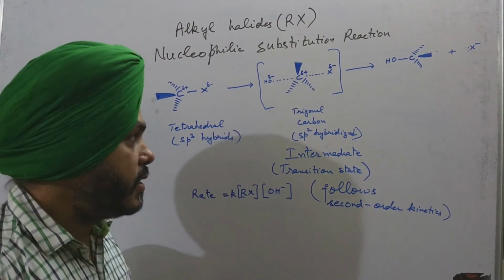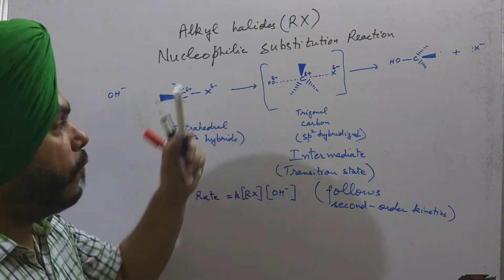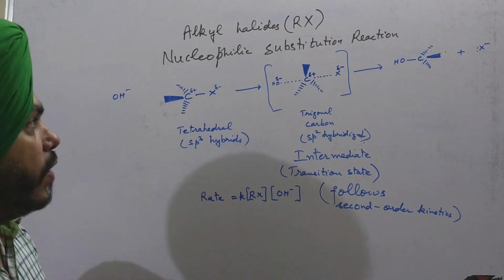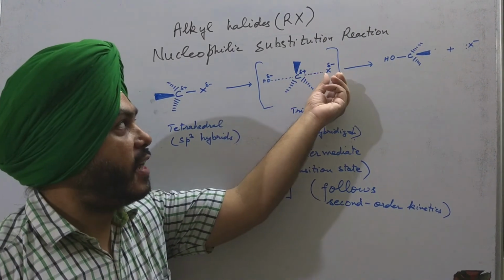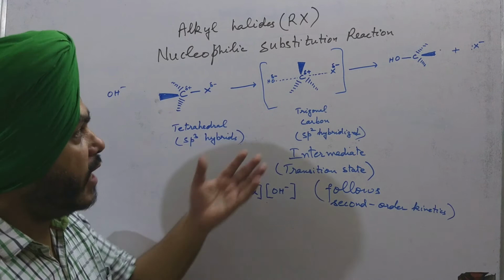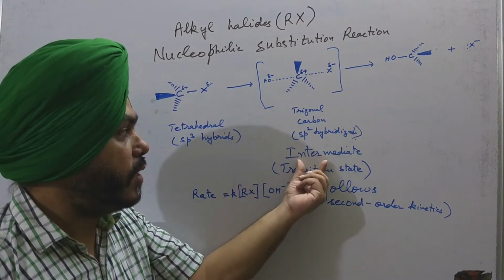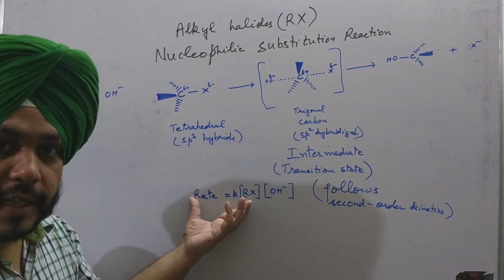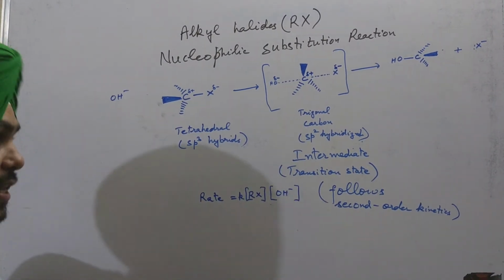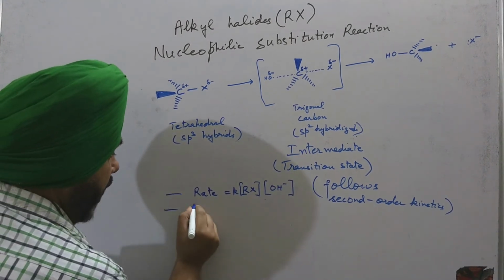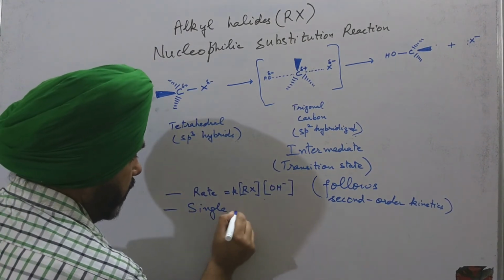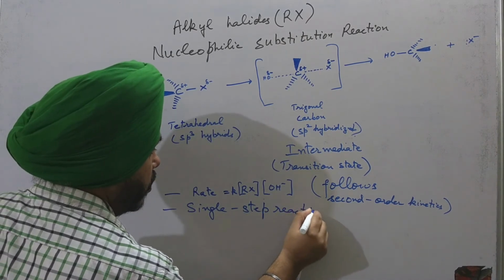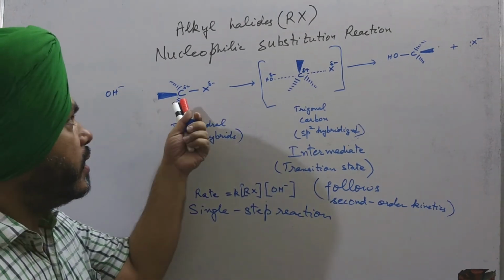The alkyl halides, when they undergo nucleophilic substitution through this type of single step reaction in which both the nucleophile and the halogen atom are attached to the carbon atom in the intermediate state or transition state, follow second order kinetics. Further, as I said, this is a single step reaction.